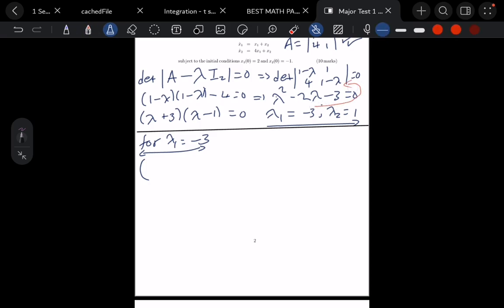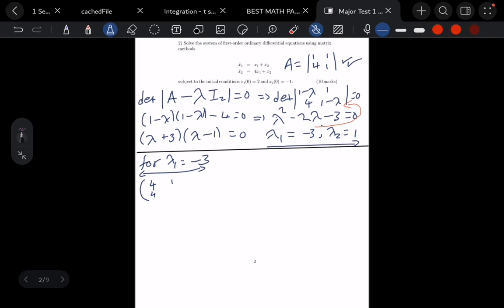If you do so, I am going to have 4, 4, 1, 4, which we multiply with x1 and x2 equals 0.